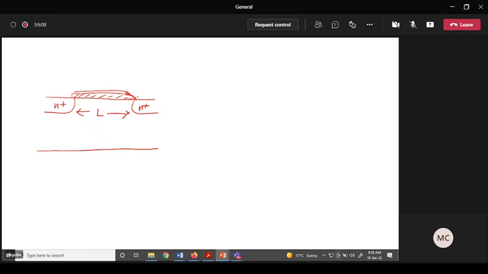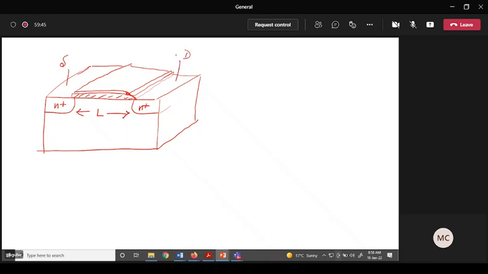Again, my drawing is not good, but let me try. Say this is my source, this is my drain, this is my gate.